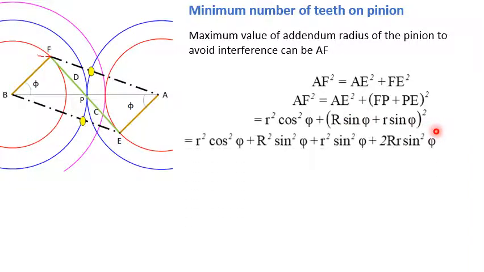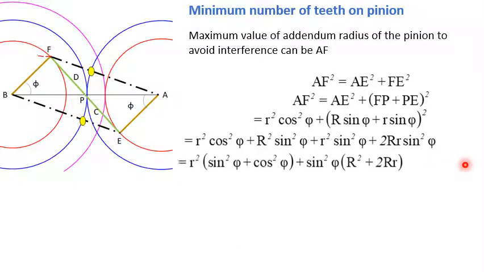We have to expand it. After expanding this (A plus B) whole square form, this is the equation which we got. In this equation, we have to take the common. Here also we have small r square, therefore sin square phi plus cos square phi. And in the remaining equation, sin square phi is the common, so you take it outside.